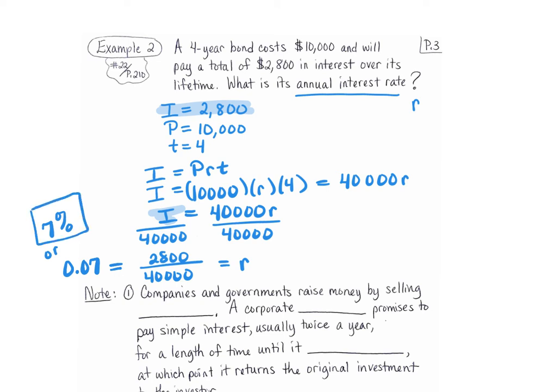Okay? So the annual interest rate is 7%.